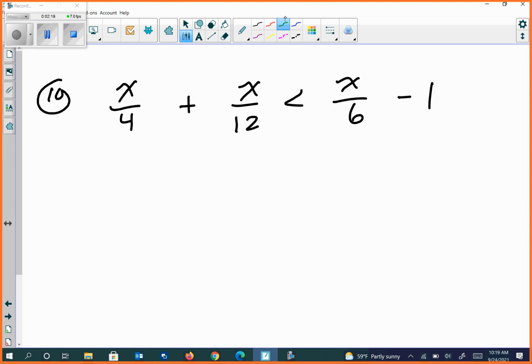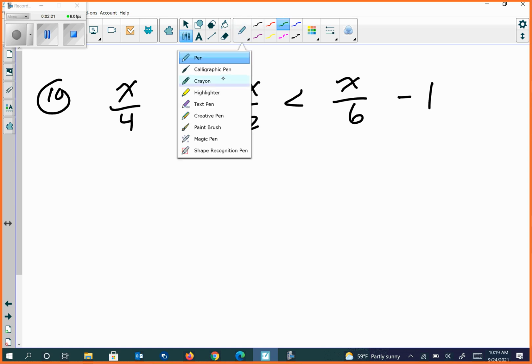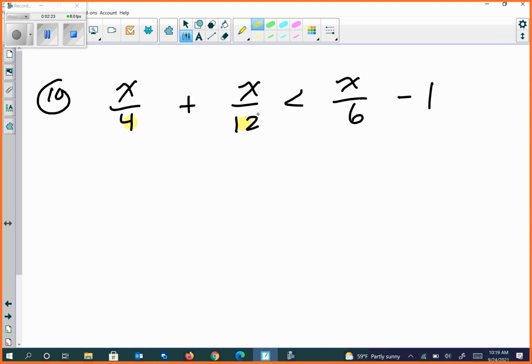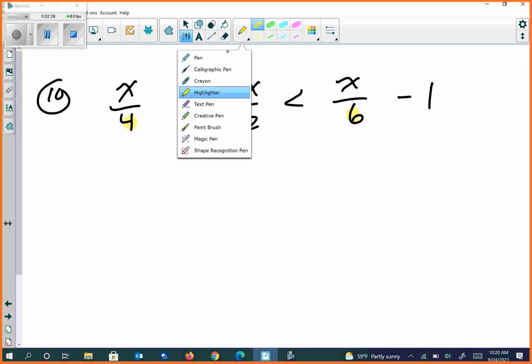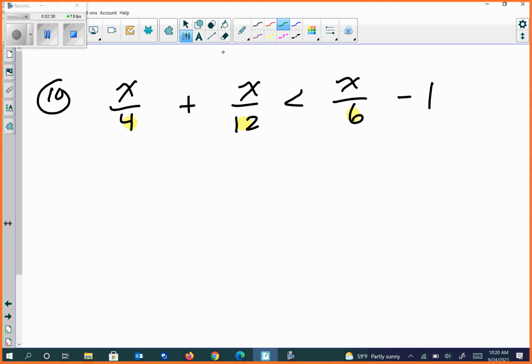Okay, so first thing we have to think about is our denominators. We have this one, and this one. The smallest number that they all go into would be 12, because 12 goes into 12, right? So I'm going to multiply this by 12 over 1, this by 12 over 1, this by 12 over 1, and then I just multiply that one by 12 because it's not a fraction.